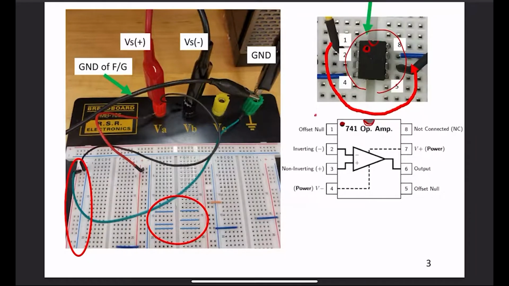And from the top left, you count like this. So 1, 2, 3, 4, 5, 6, 7, 8. And the 741 op-amp chip that we are using has 8 legs, and 2 and 3 are the inverting and non-inverting inputs. 6 is your output, and you supply voltage via number 4 and number 7. Okay?